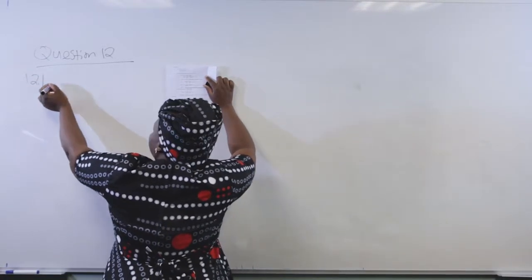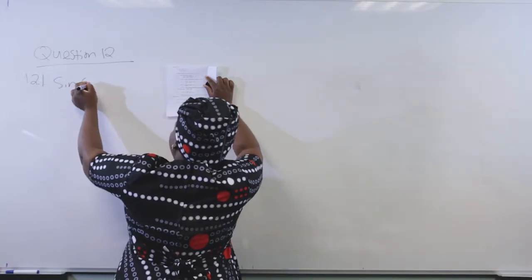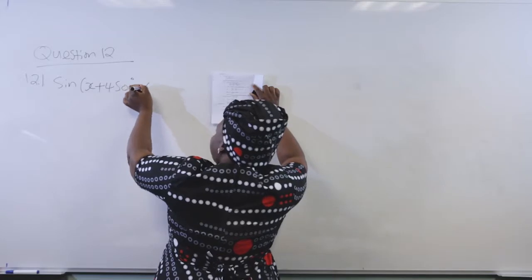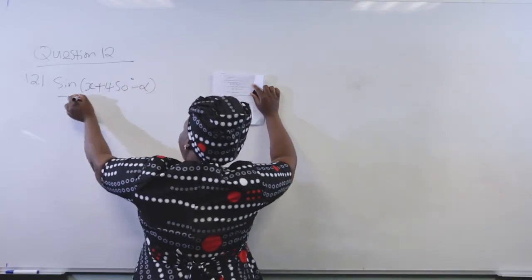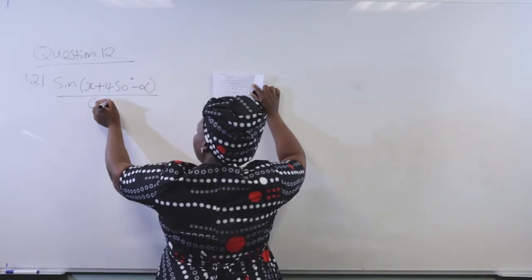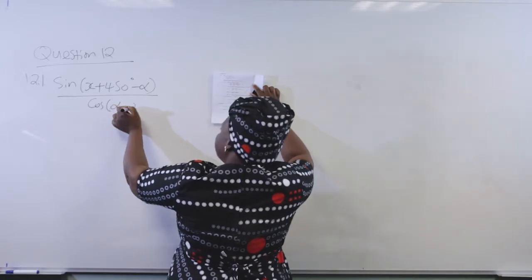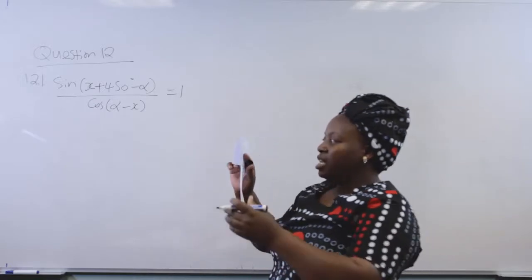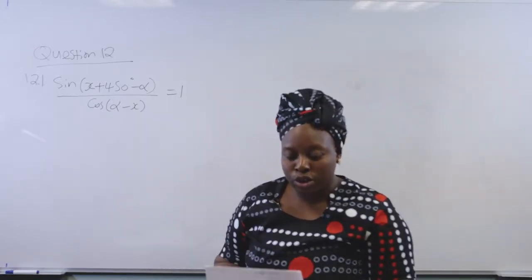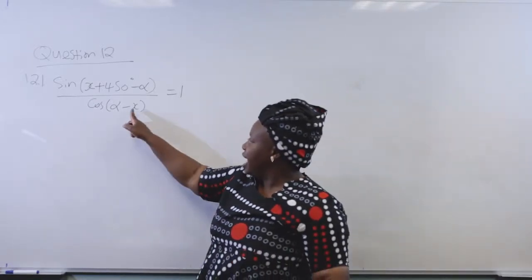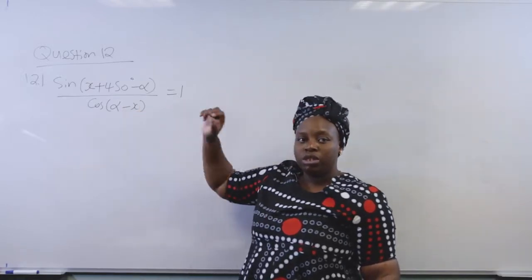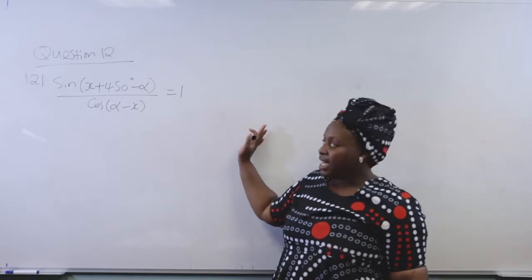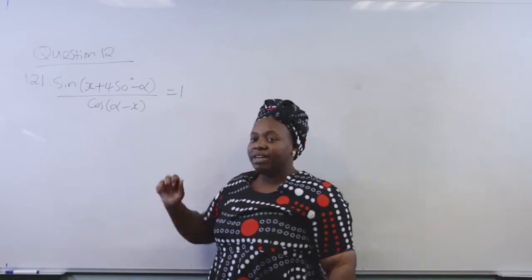They said sine of (x plus 450 degrees minus alpha) divided by cos of (alpha minus x) equals 1. So we must prove that if the cos of (alpha minus x) is not equal to 0, then the left-hand side is equal to the right-hand side. In other words, this whole statement will give us 1.